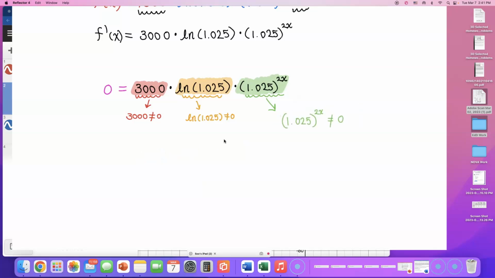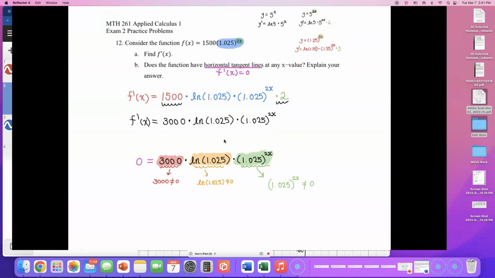So for that reason, we have to say that this function f does not have horizontal tangent lines at any x value, because f prime is never 0.